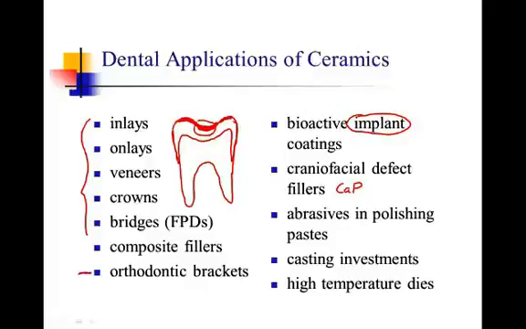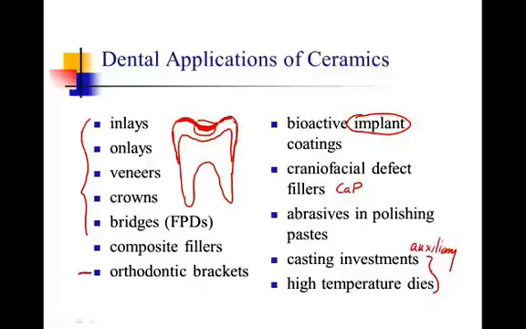Other applications in dentistry we call auxiliary applications of materials. That is where the ceramic material itself will not come into contact with the human body. However, it will be used to shape or process other materials in the lab that will then come in contact with the patient.